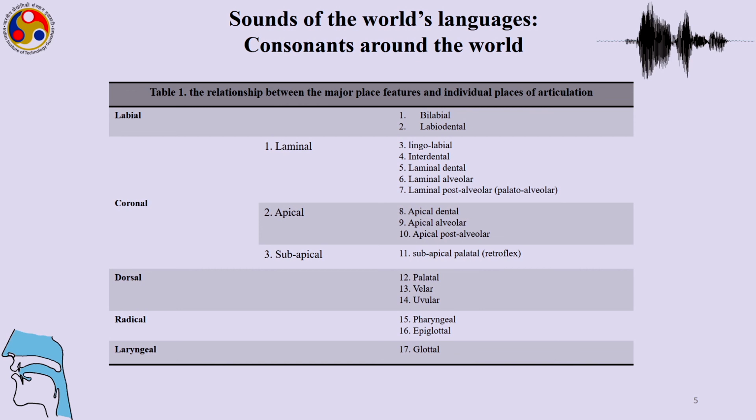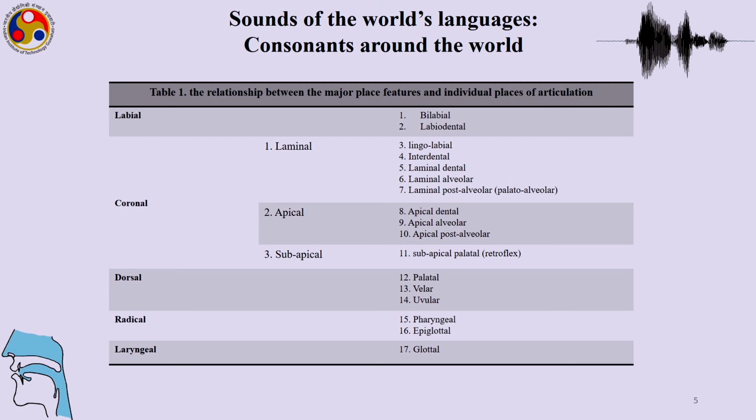We have also summarized in the last class how there are a wide variety of sounds apart from the sounds that you saw when we looked at English, which covered only a few labial, coronal and dorsal sounds. If you look at the languages of the world, we find a wide variety among labial sounds, where we can have bilabial and labiodental.